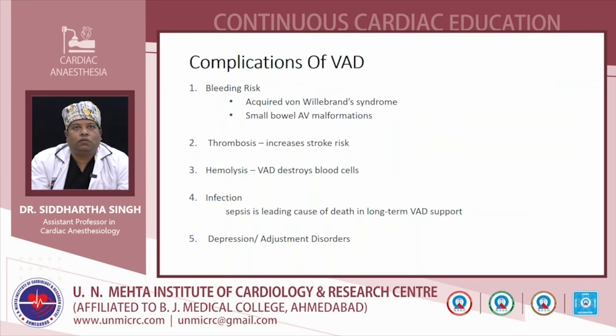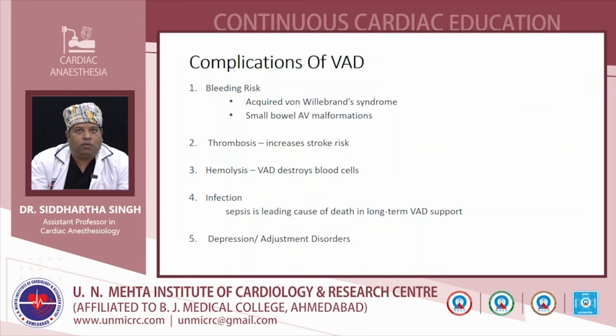Now we will come to some common complications of ventricular assist devices. That is acquired von Willebrand syndrome, which leads to bleeding risk because of the shear stress. The ADAMTS13 protein is activated, which cleaves the von Willebrand factor.